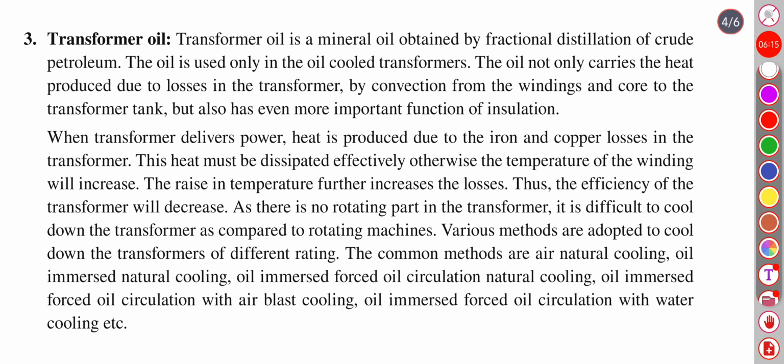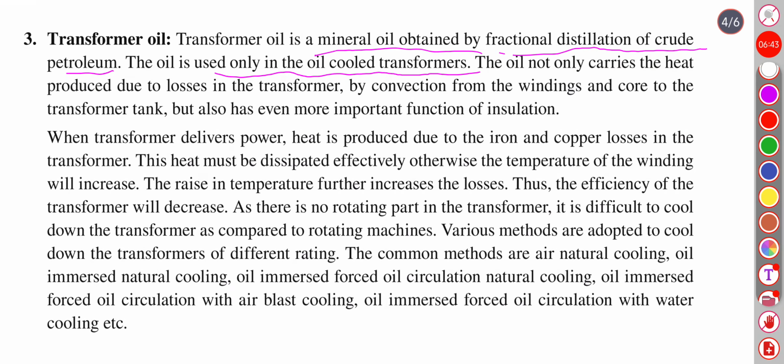In cooling, the major part of heat dissipation is played by the transformer oil. The transformer oil is a mineral oil obtained by fractional distillation of crude petroleum. The oil is used only in the oil-cooled transformer.